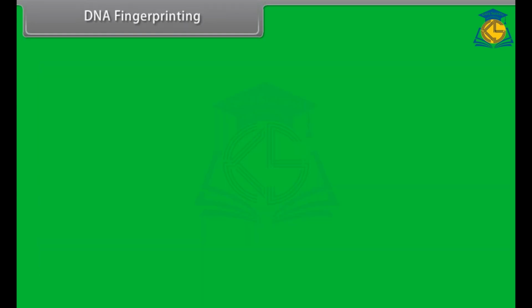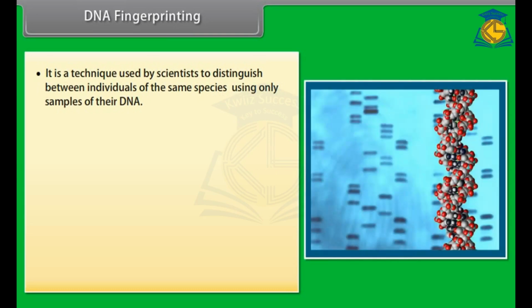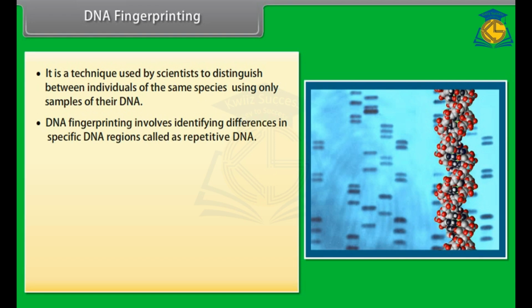DNA fingerprinting. It is a technique used by scientists to distinguish between individuals of the same species using only samples of their DNA. DNA fingerprinting involves identifying differences in specific DNA regions called repetitive DNA.